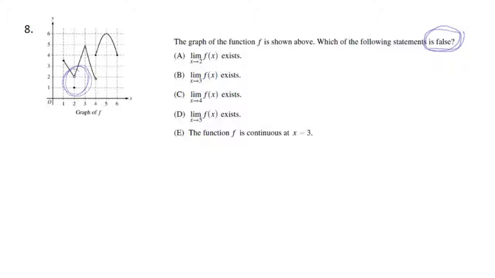So keeping that in mind, what should be the correct answer here? C, right? Because if I approach the x value of 4 from the left and from the right, are my y values approaching the same thing? No. So the correct answer here should be C. C is false. All right.